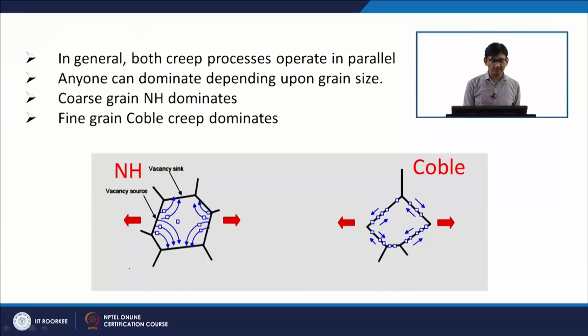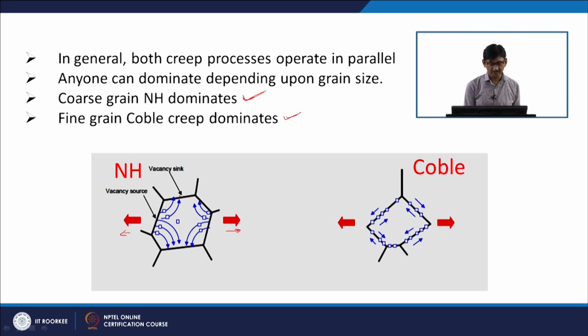In general, both the creep processes operate in parallel. So, anyone can dominate depending upon the grain size. In coarse grain material NH creep dominates, in fine grain material the Coble creep dominates. And that is how the deformation process is there. In this direction you are having the tensile stresses.